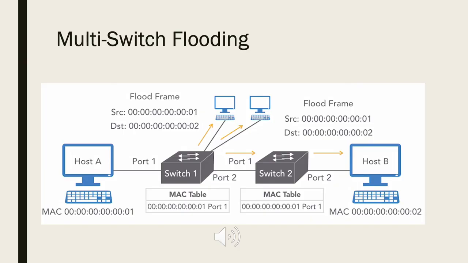When host B's frame enters the switch, the address of host B is added to the MAC address table for future forwarding. Since host A's address currently resides in the table, the frame is then forwarded directly out of the port that's connected to host A.